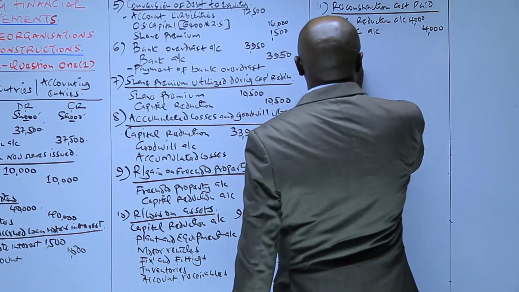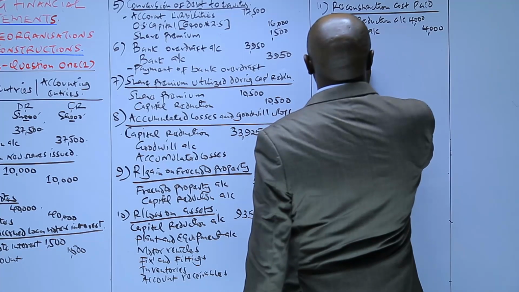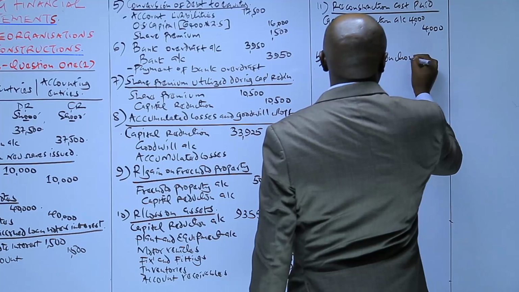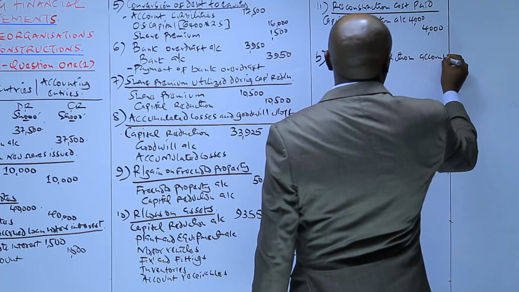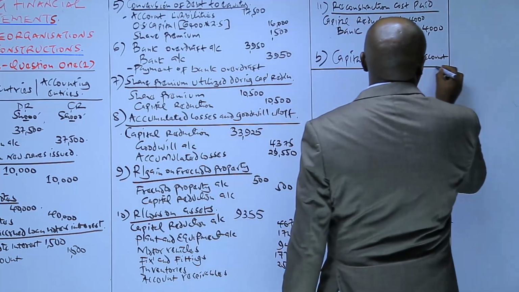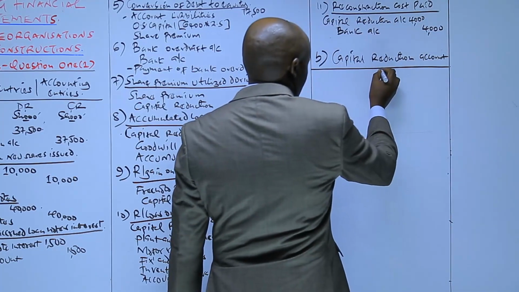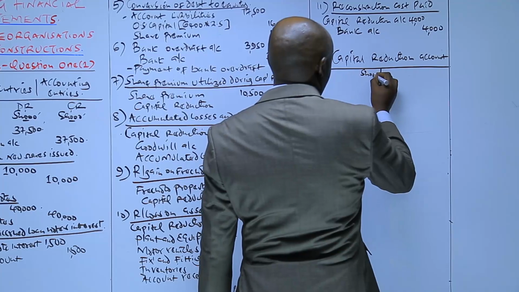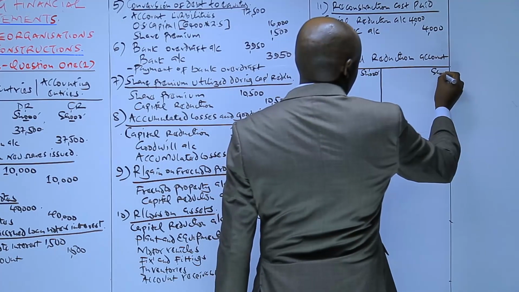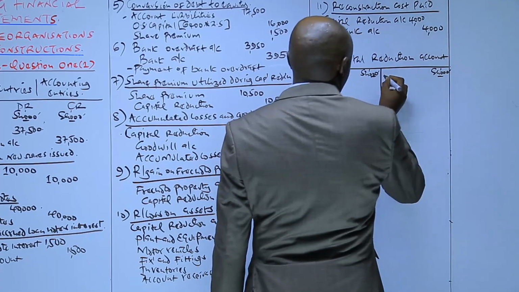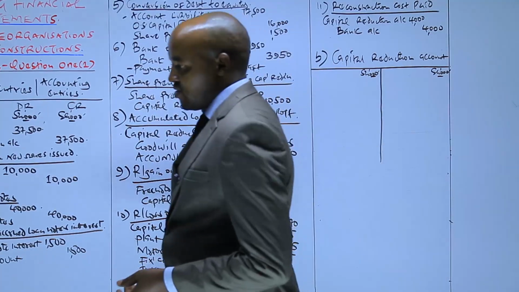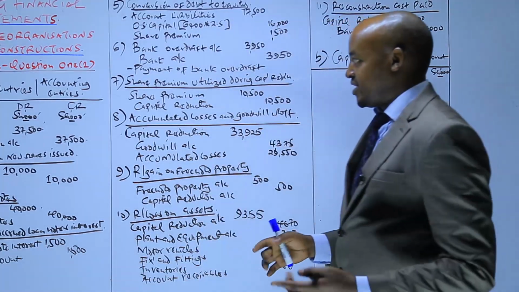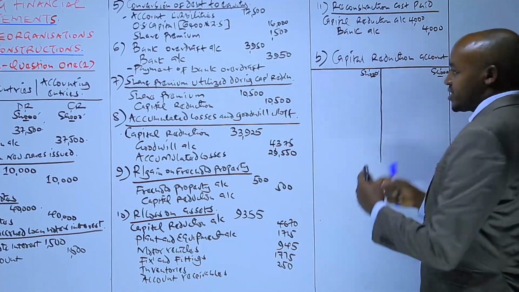So this is a ledger account having the debit and the credit side.